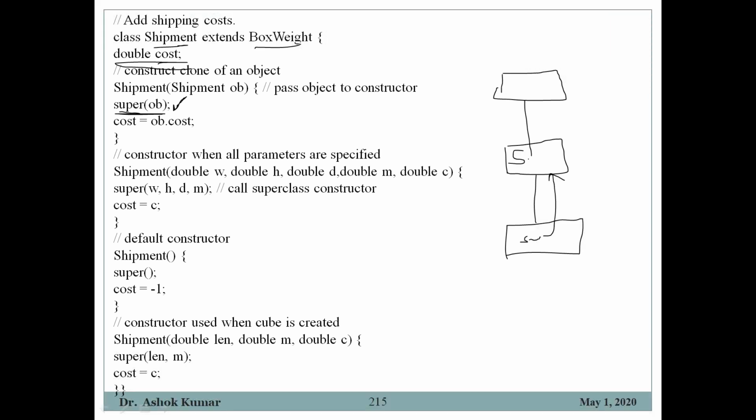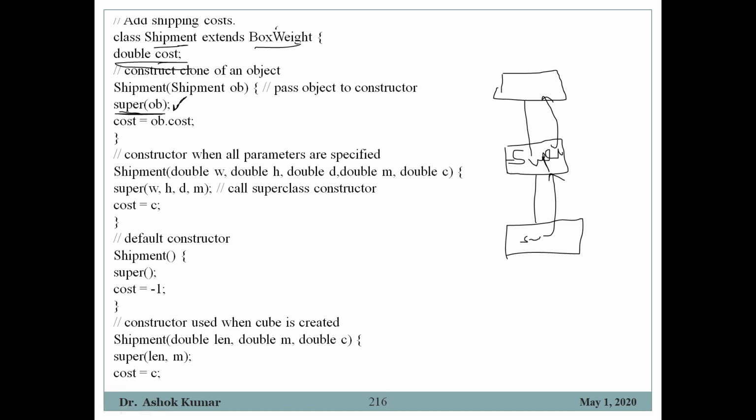If you use super in this class, it will call the constructor of this class. So for this class, the superclass is this, and for this class, the superclass is this. In other words, if we use super in any method of a class, then that super refers to the immediate superclass. So the immediate superclass of Shipment is BoxWeight, and the immediate superclass of BoxWeight is Box.